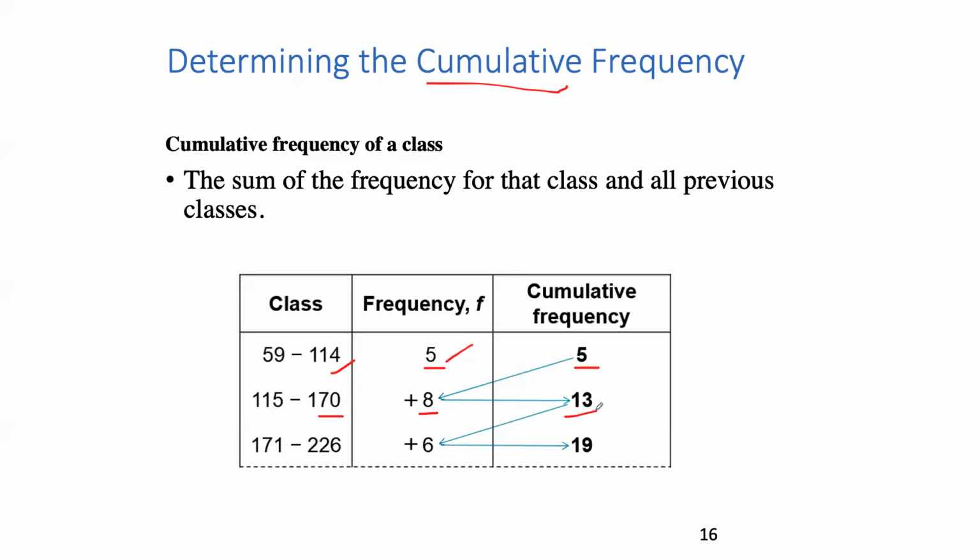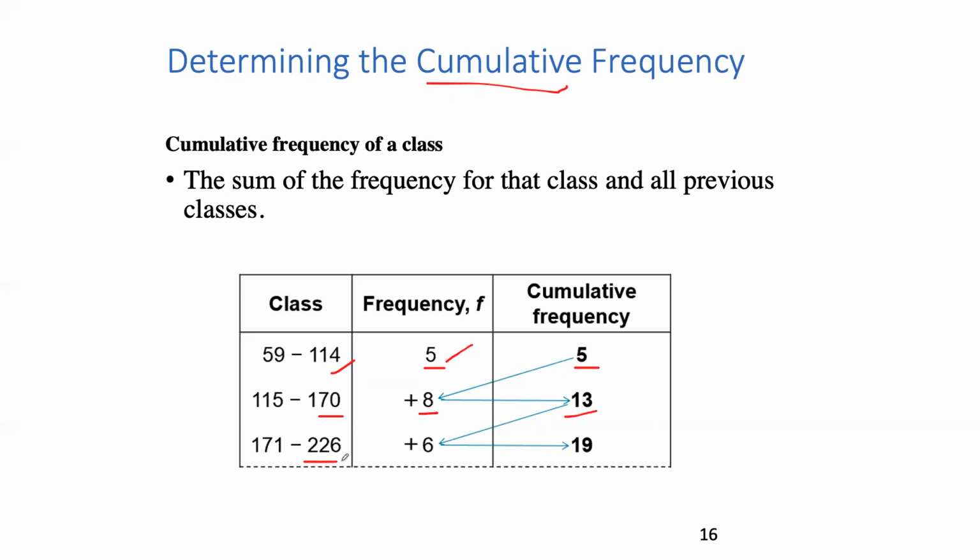So it's giving me straight away a description of the distribution of the data itself, right? It's telling me where the bulk of the data set is, and where the tail of the data set is. It's going to give me a description of how the data set itself is evolving as I go down these classes, right?